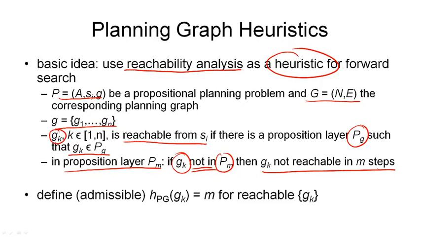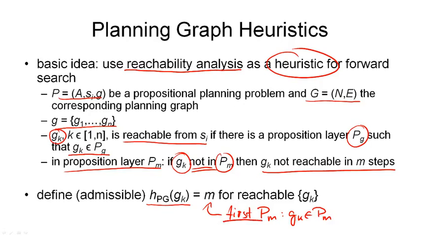So this gives us an idea how we can define a heuristic for our goal component gk. And that's the heuristic we define here. It's m, and this m is the first layer Pm such that our goal component, gk, is in that layer.